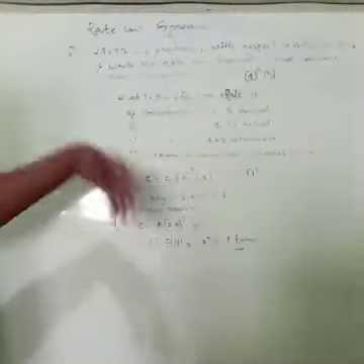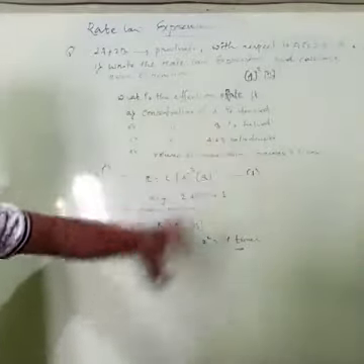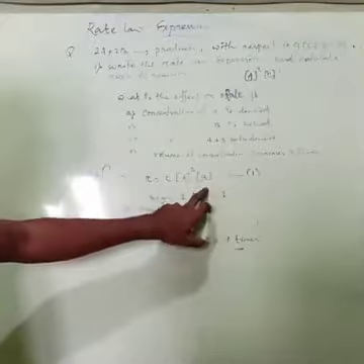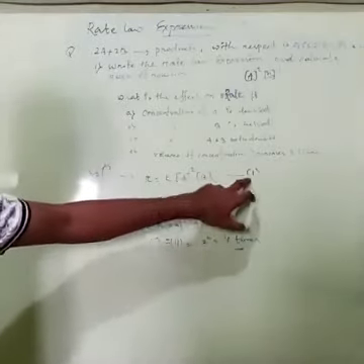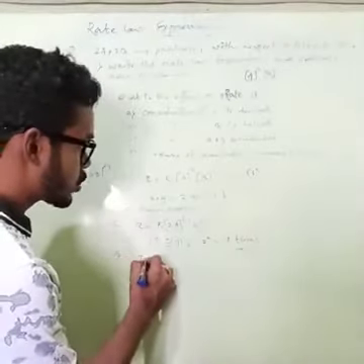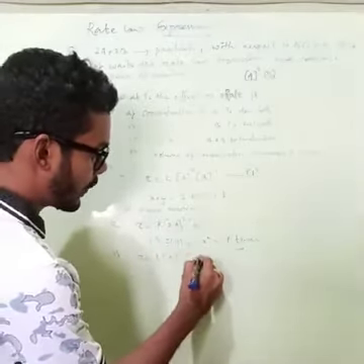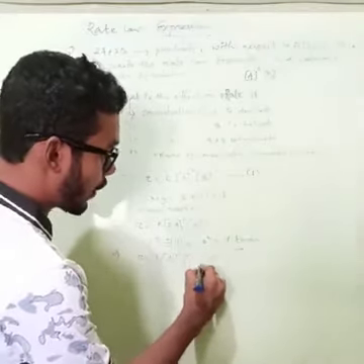Simultaneously you will do the second one. If B is halved, meaning B by 2, consider this equation 1 and another equation for B: R equals K into A to the power 2 and (B by 2) to the power minus 1.